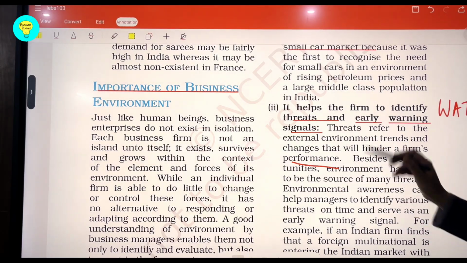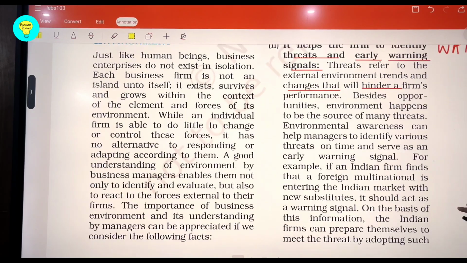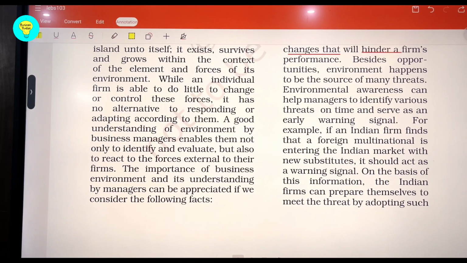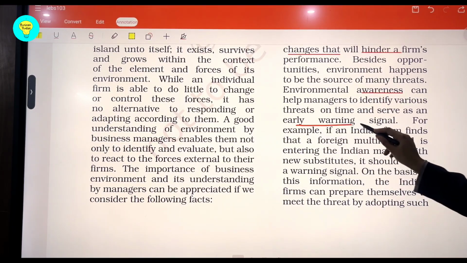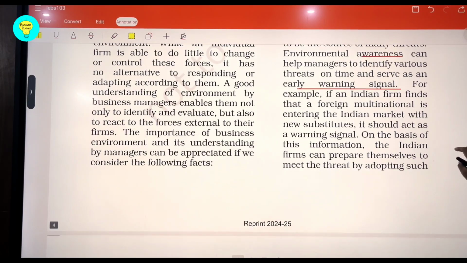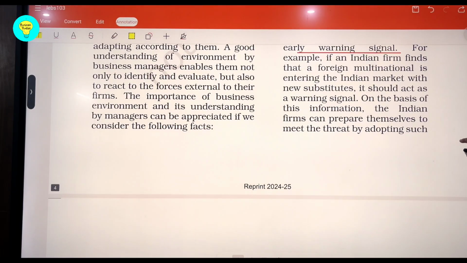So in order to avoid such a hindrance, the organization must be proactive and they must carefully study their environment to become aware of these early warnings and threat signals so that they can be effective and efficient and act right on time to avoid major mistakes.